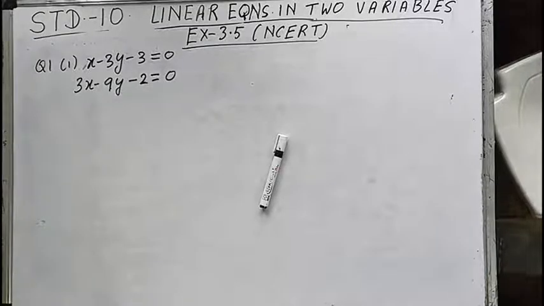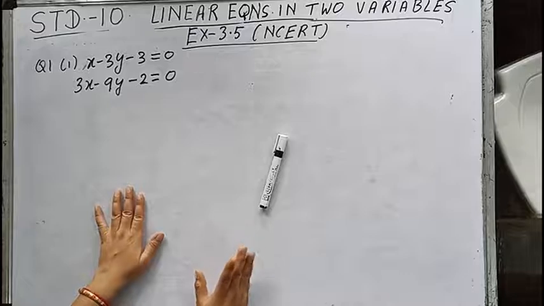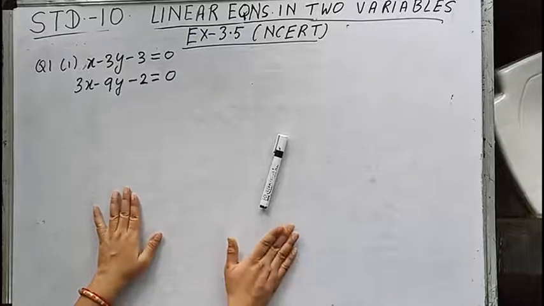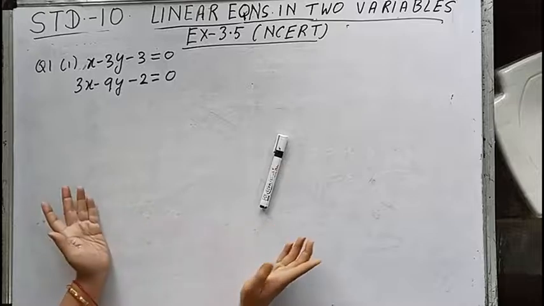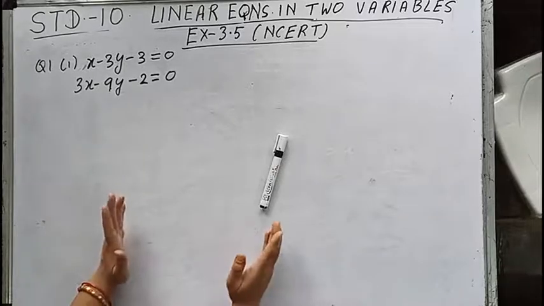Question number 1 is saying, which of the following pairs of linear equations has unique solution? Children, remember, a pair of linear equations has a unique solution if a1 by a2 not equals to b1 by b2. Now again I repeat the question: which of the following pairs of linear equations has unique solution, no solution or infinitely many solutions?